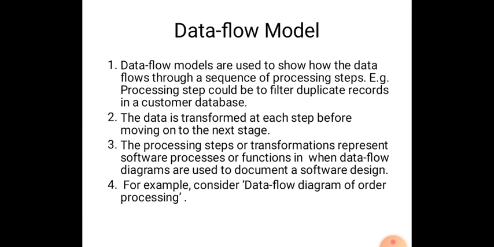If you consider the customer database, then one of the processing steps could be to filter the duplicate records, or another step could be to arrange the records in increasing order of the names.